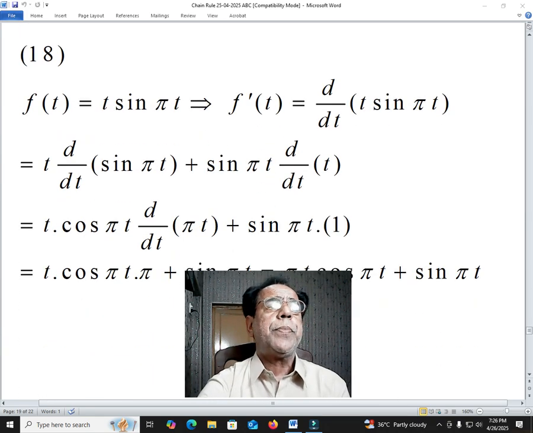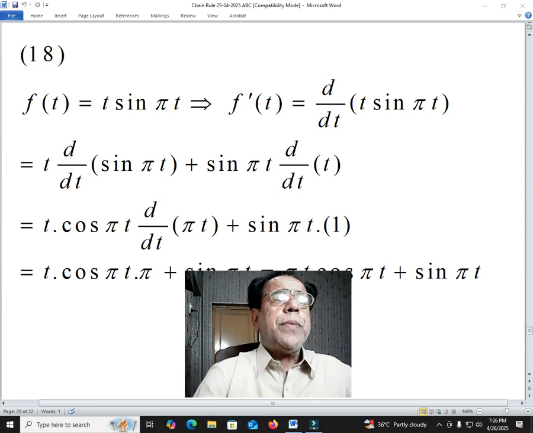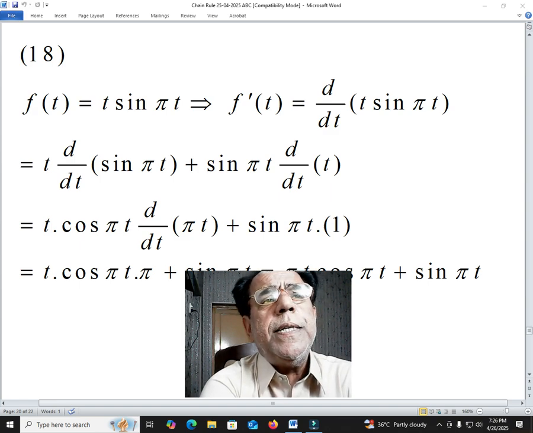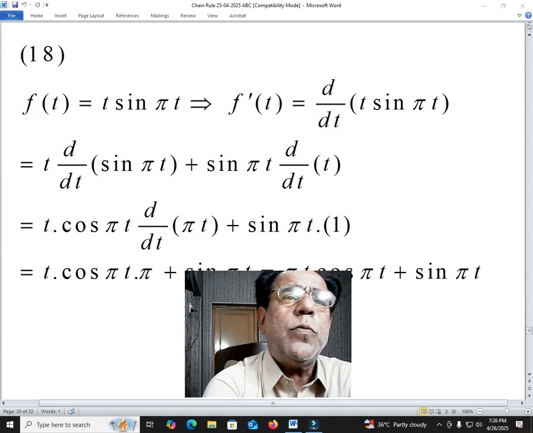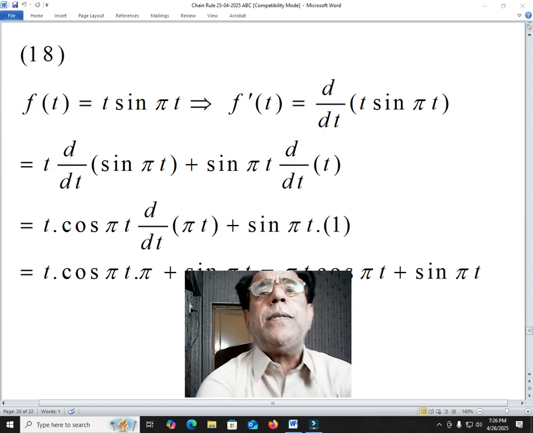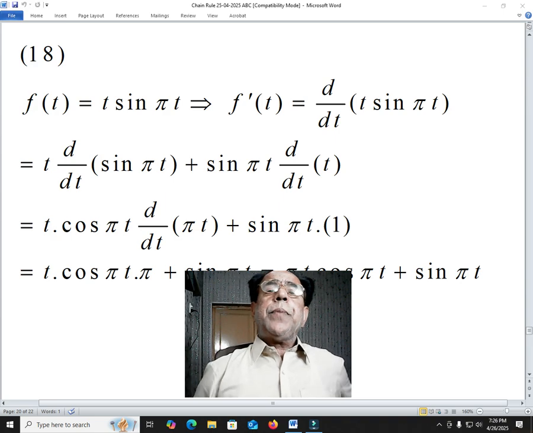Problem number 18, f is a function of t, f of t is equal to t sine pi t. Okay, then f dash t equal to d over dt, because f is a function of t, so it will become this. Now dear students, this function is a product of t and sine pi t. Here product rule will be applied.